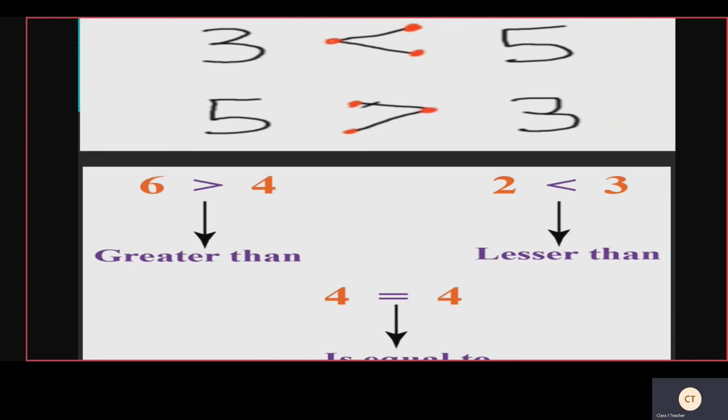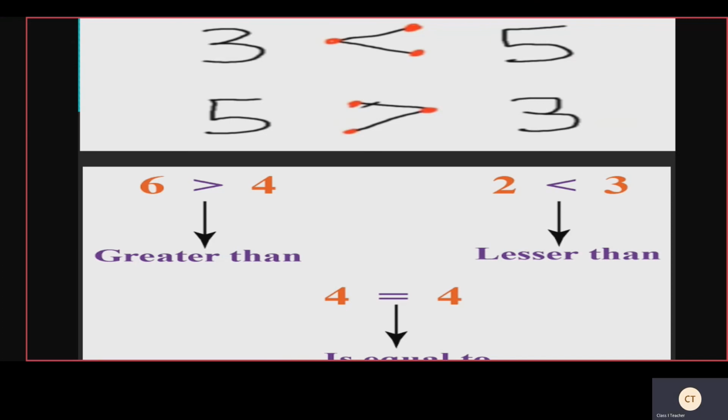And one more example, children. Here, I am placing the 2 dots and 1 dot. Here next one, children, 5 is greater than 3 is given. All of you, look at your device. I am placing the 2 dots on one side and 1 dot on the other side.